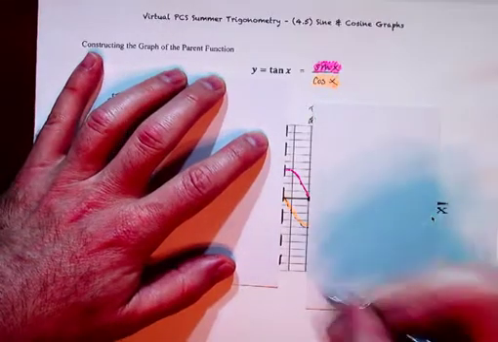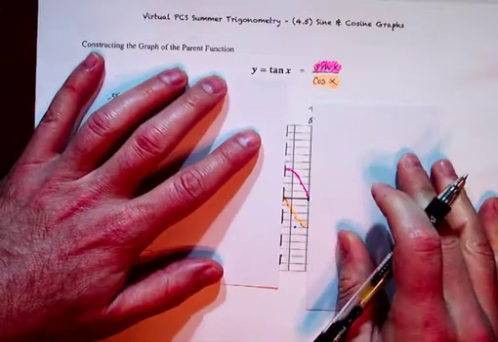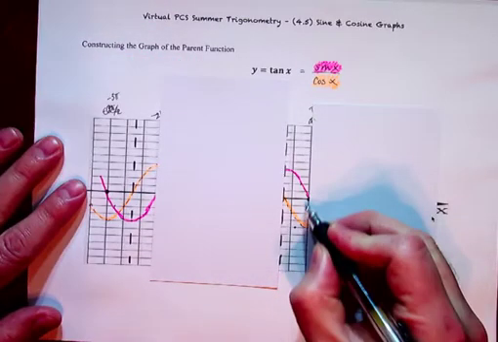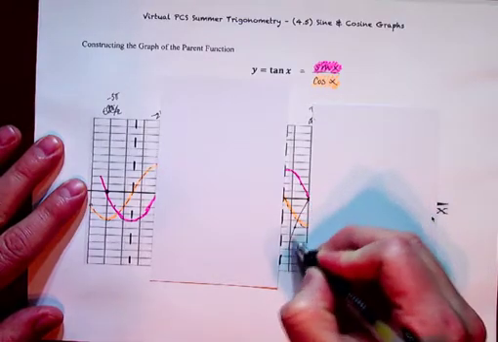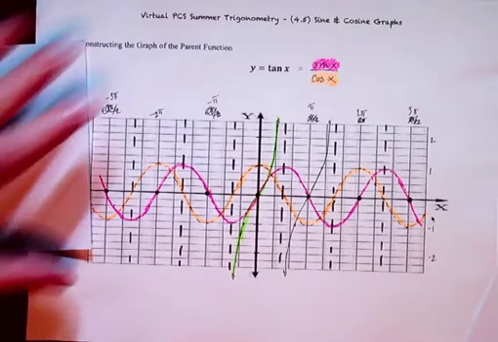Tangent doesn't care if it's a positive over a negative or a negative over a positive. It's still going to be a negative, and you're going to get exactly the same shape.